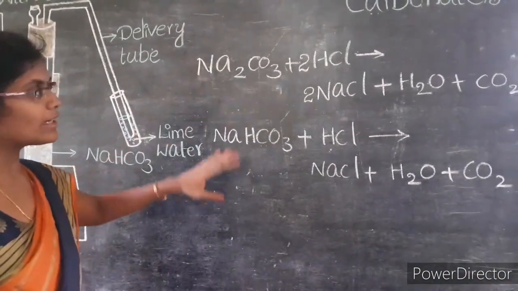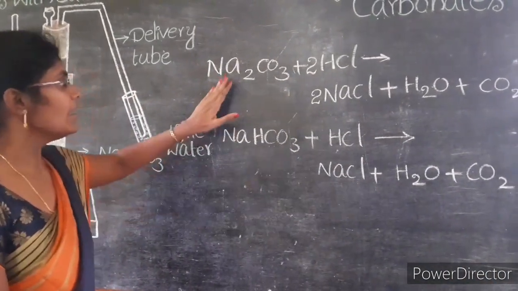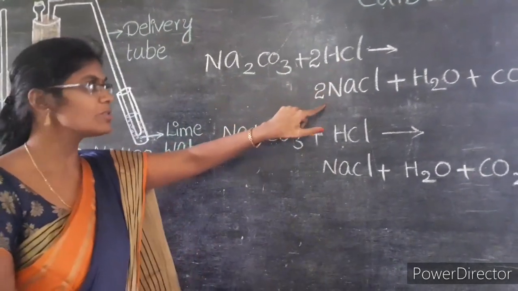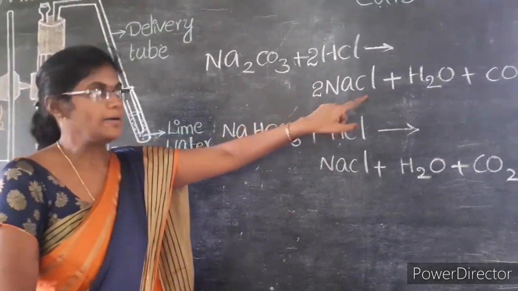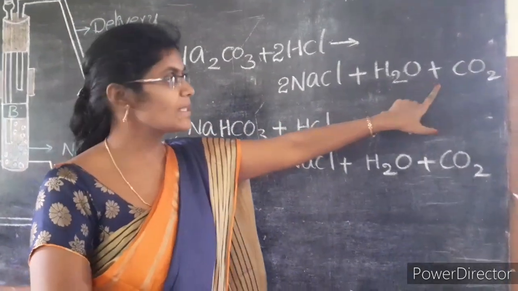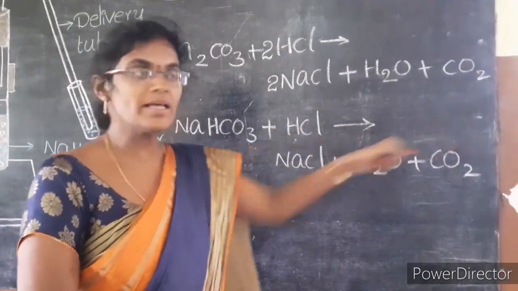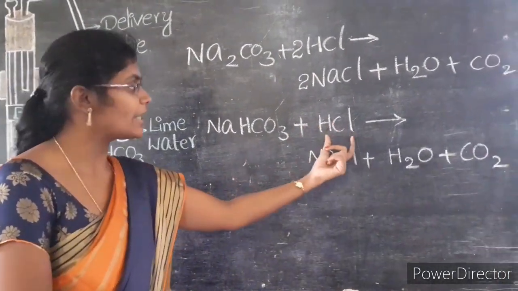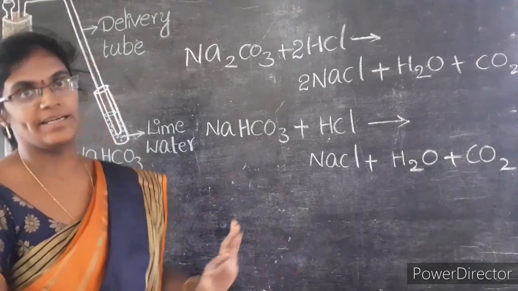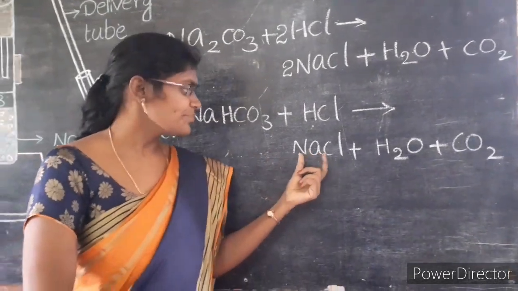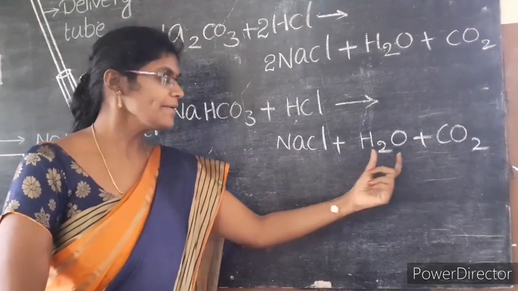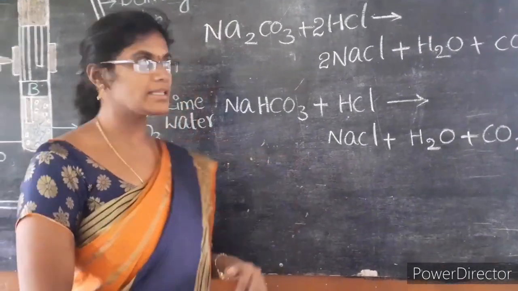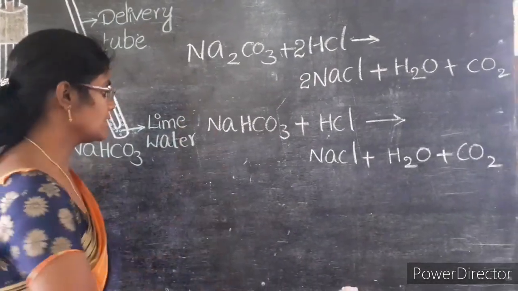By this, what did we understand? When metal carbonates react with acids, they produce the corresponding salt plus water plus carbon dioxide. Similarly, metal hydrogen carbonates, when they react with hydrochloric acid or any acid, they produce the related salts and water and carbon dioxide. Now I am writing the general formula for these 2 cases.